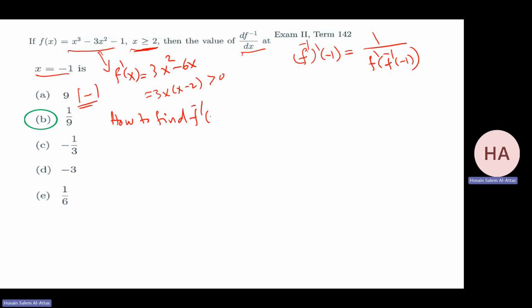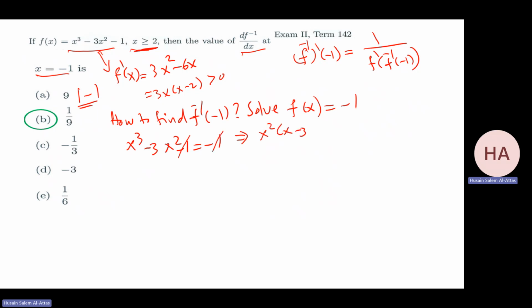Now, how to find f inverse at minus 1? We solve f of x equal minus 1. So I have x cubed minus 3x squared minus 1 equal minus 1. So I'm getting what? This is cancelled. I'm getting x squared times (x minus 3) equals 0. So x equals 0 or x equals 3. This is rejected because I have this condition.